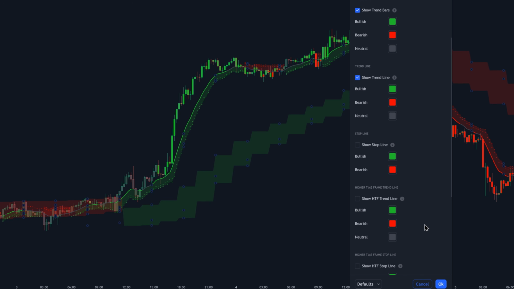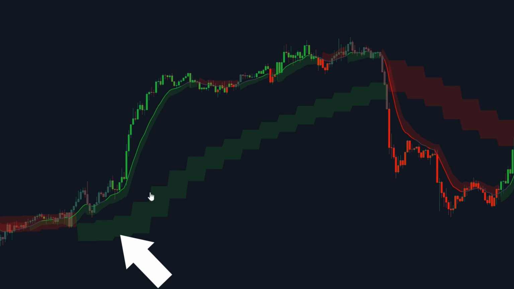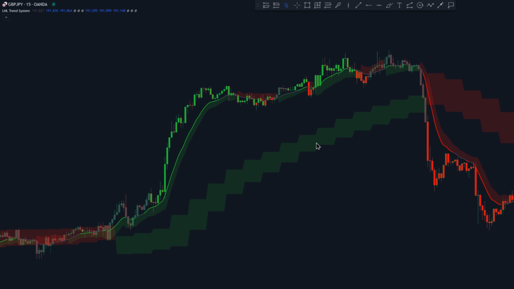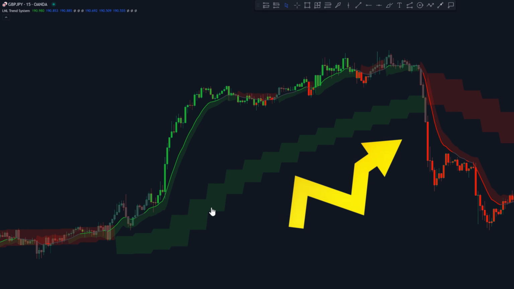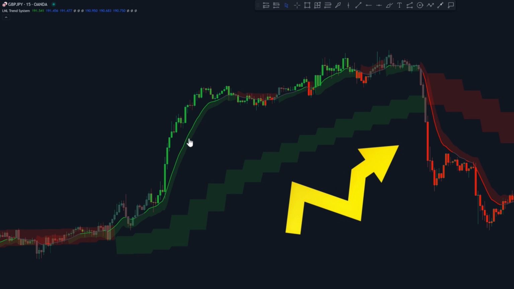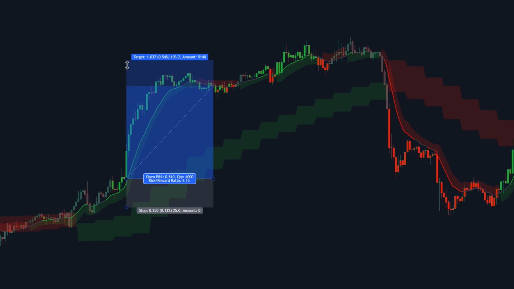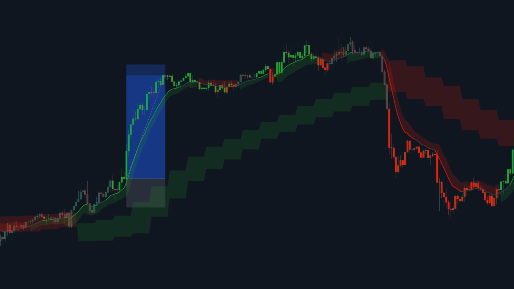After that, click OK. So now, as you can see, in an area like here, this indicates that the 2-hour time frame of GBP JPY is in a bullish trend. And then here, it means that the 15-minute time frame is also in a bullish trend. So if I were to take a trade here, I would be super confident that it's gonna be a profitable trade, because the trend is bullish not just on the 15-minute time frame, but also on the higher time frame.